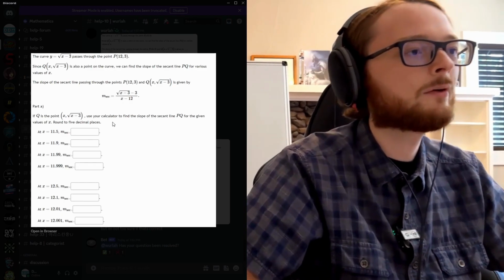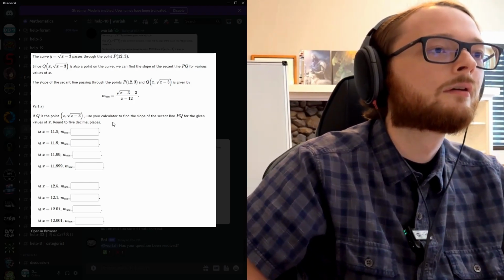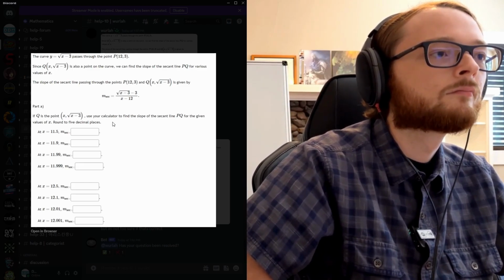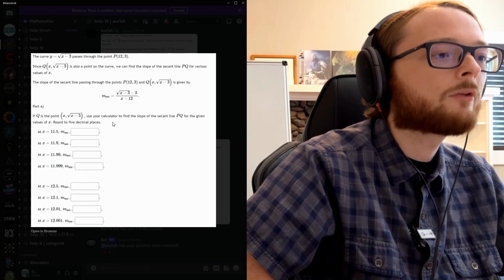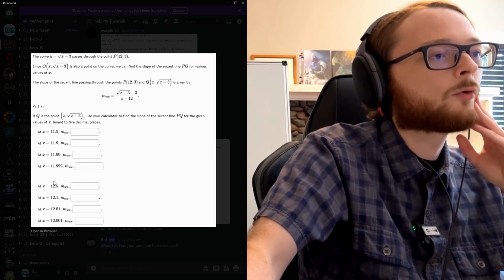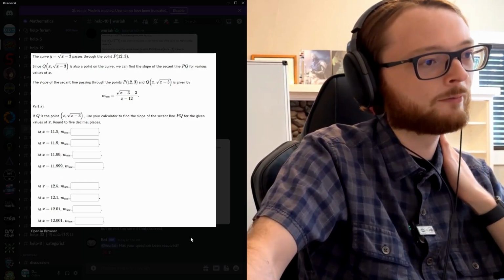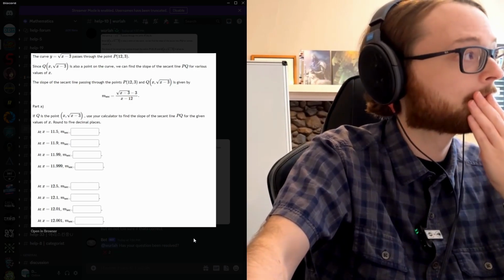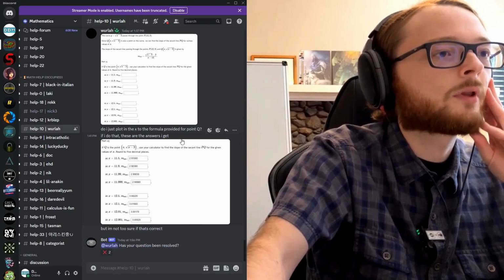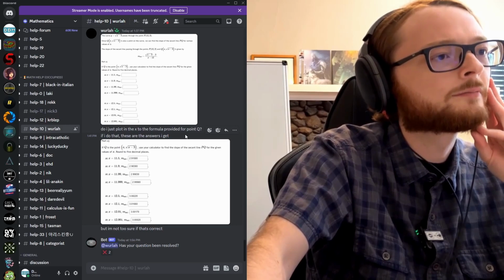I mean, it's just plugging values for x in. They kind of give you the formula. And I assume they're making the point that these two values are going to basically converge to each other. This one is from below, this one is from above to the point 12. Okay. Do I just plug in the x to the formula provided for the point Q?